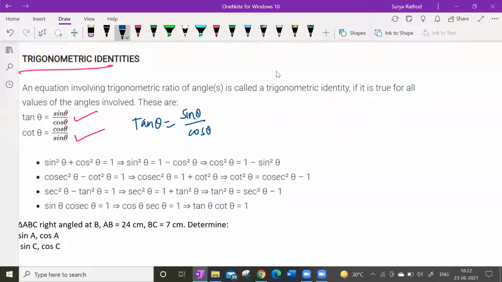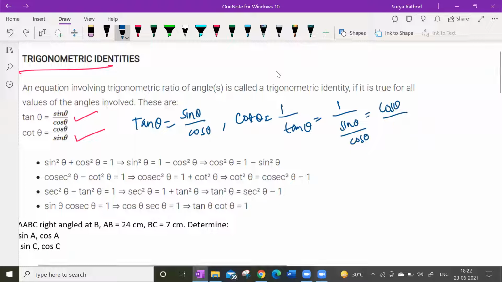All right. So now cot theta means what? Reciprocal of tan theta, no? Cot theta means reciprocal of tan theta. So cot theta can be written as 1 by tan theta. 1 by tan theta means 1 by sin theta by cos theta. So cos theta by sin theta.